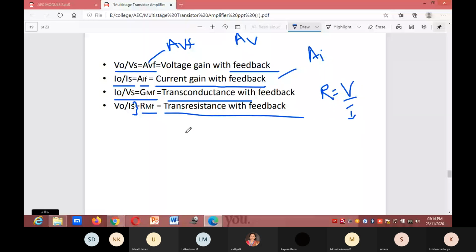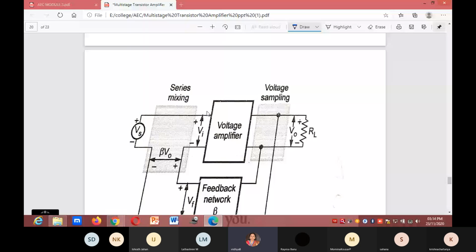Next is feedback network topologies, or feedback connection topologies.